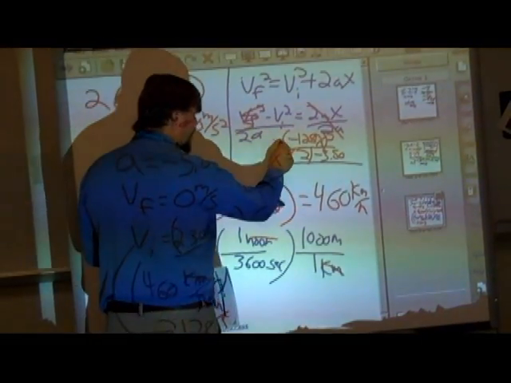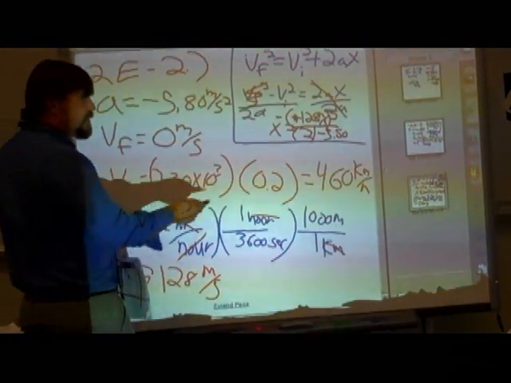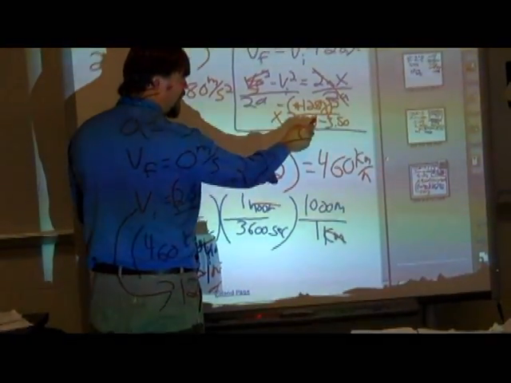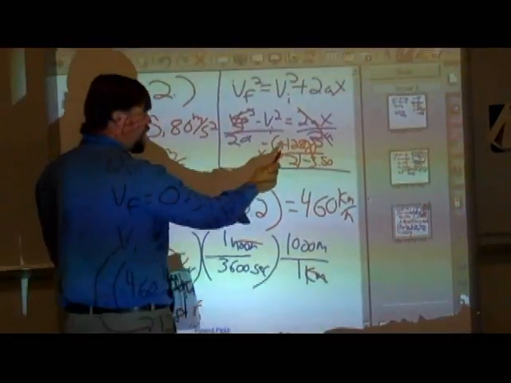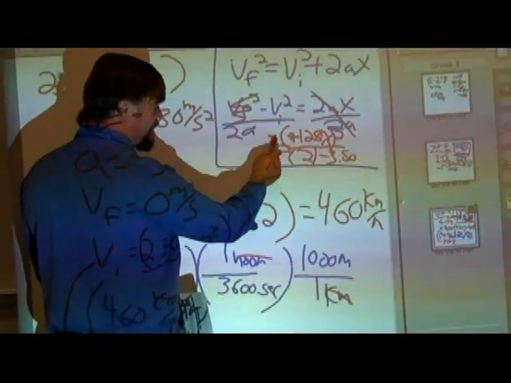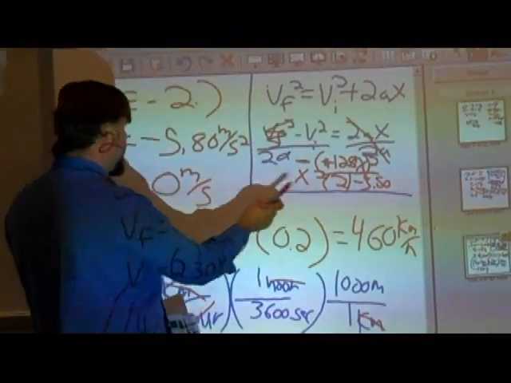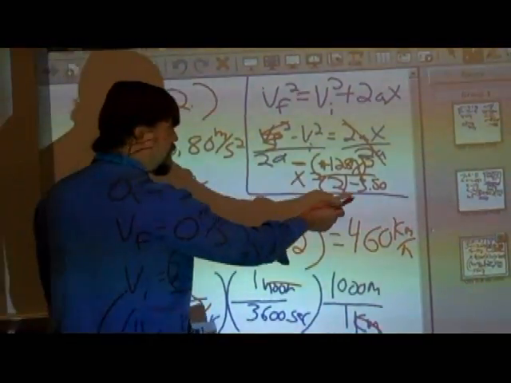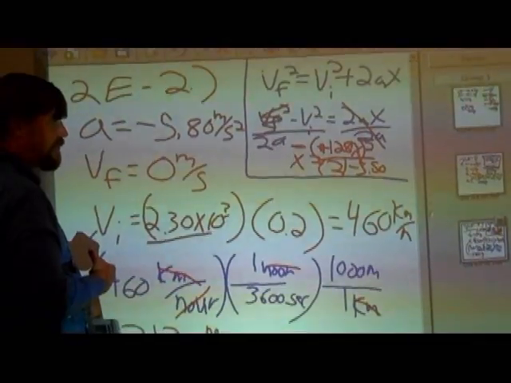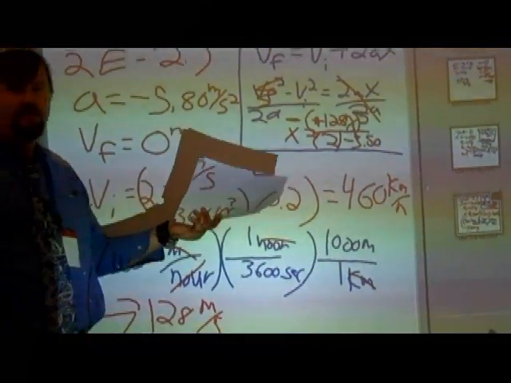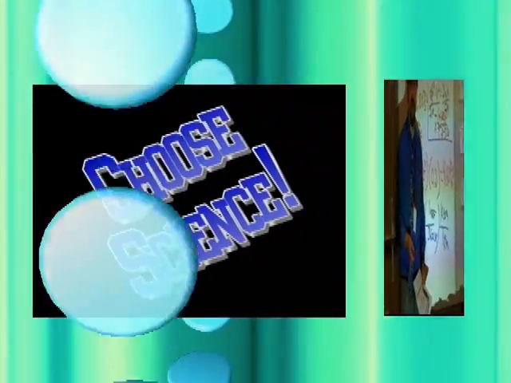Actually, the negative is on the outside when you square it, so that you don't lose it. So we'll have a negative answer divided by a negative answer. We have 128 squared, and that's negative, and then divided by 2 times 5.80, and that's negative. Negative over negative gives you a positive answer. So go ahead, plug it in your calculator, solve it, and you're done for tonight. Have a nice night.